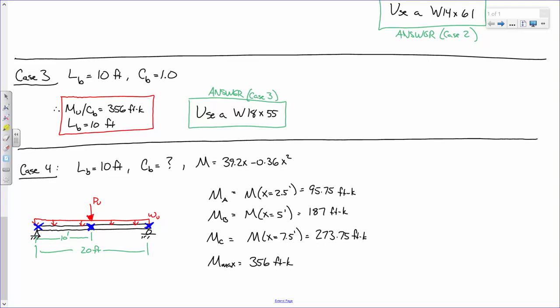So, taking all of these, what is our new C sub B value?